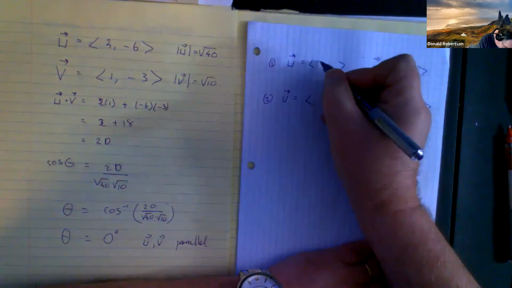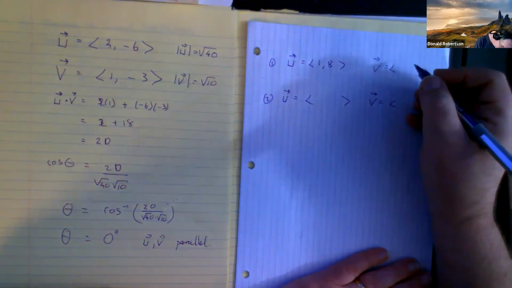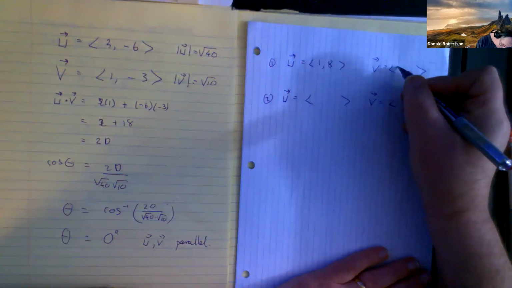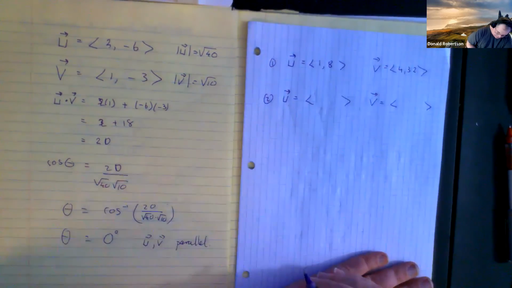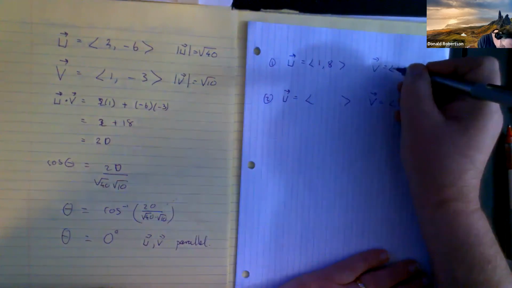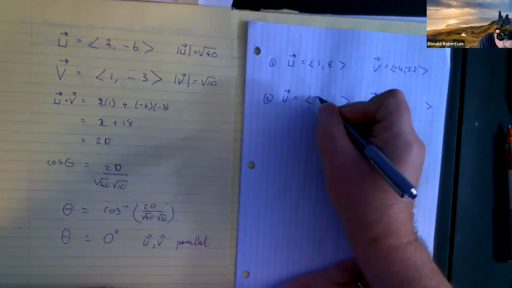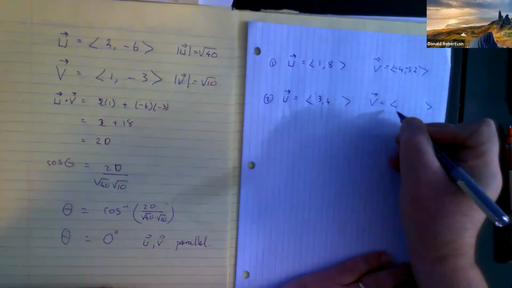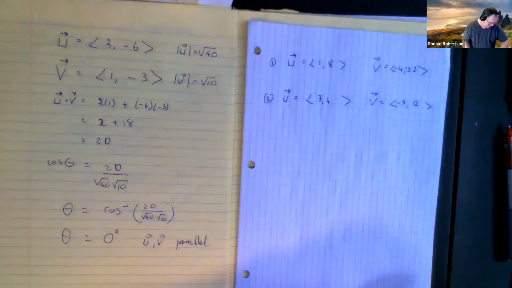I'll pick this guy as 1, 8. And I'll pick this guy 4, 32. Actually, I'll make it -4, -32. Yeah, that's more interesting. And this one's going to be 3, 4. And this is going to be -5, 12.